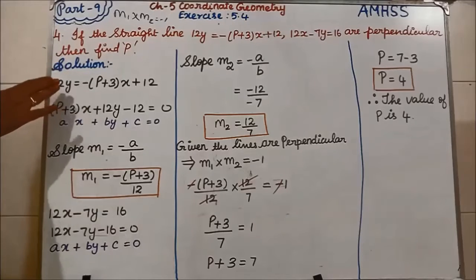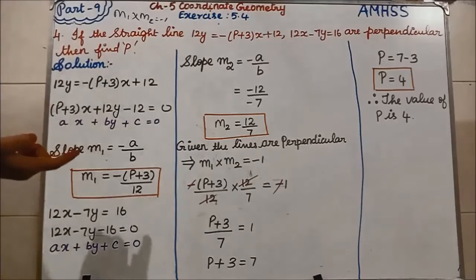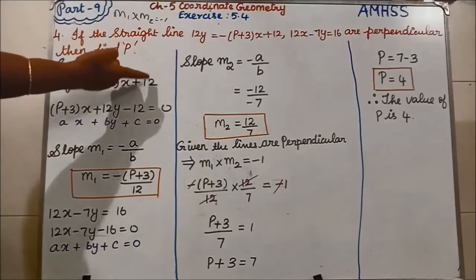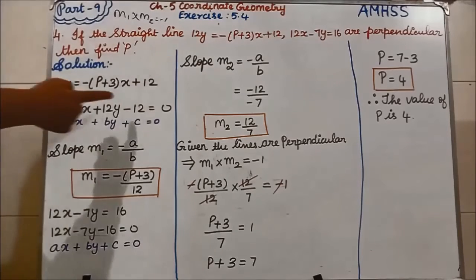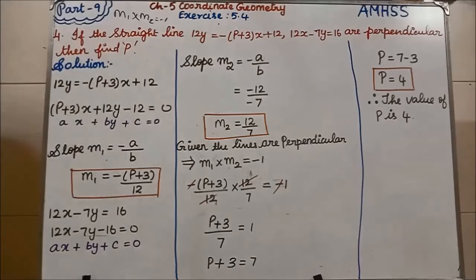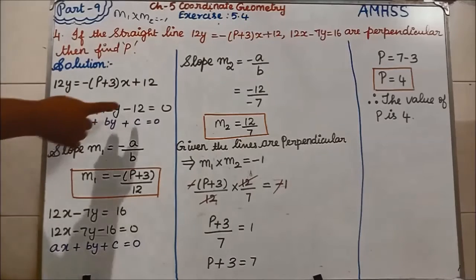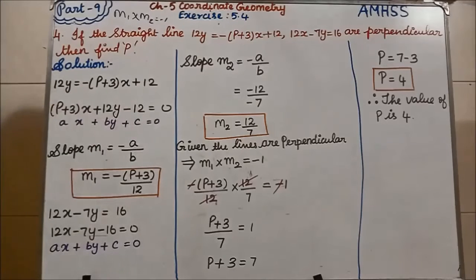Already on the left hand side we have 12y, so just write 12y itself. Clear? Then the constant term: it will come to this side and become minus 12 equal to 0. Clear, students? Now we know what A is. p + 3 is our A. What is our B? 12 is our B. What is our C? Minus 12 is our C.